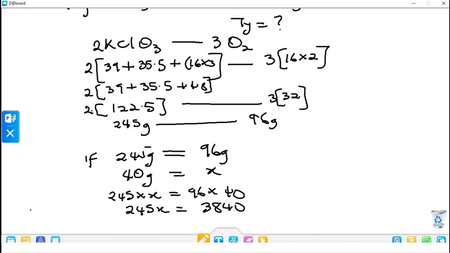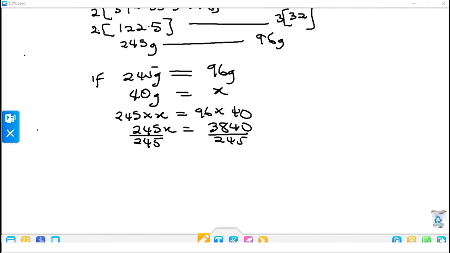Dividing both sides by 245, we have 245 taking care of 245. Therefore, X will be equal to 15.67, that is 15.67 grams of oxygen gas.